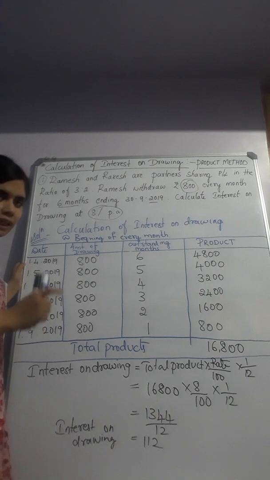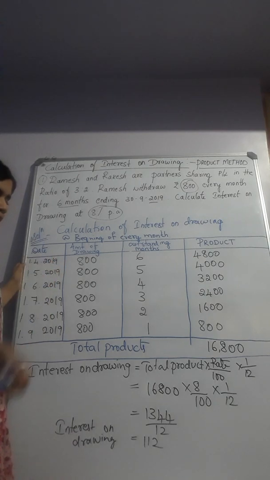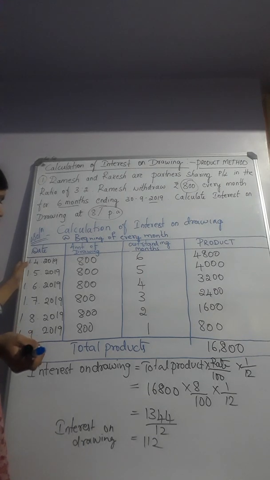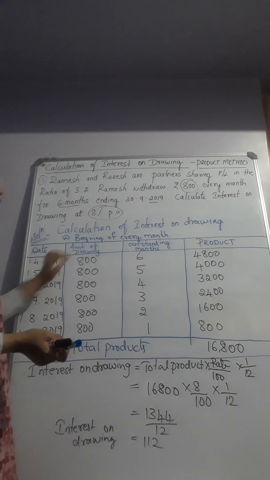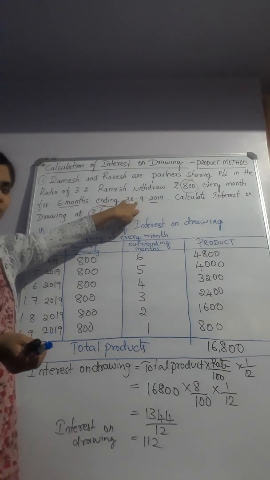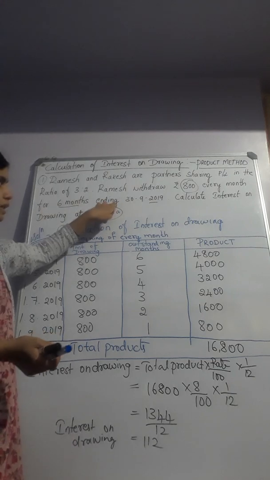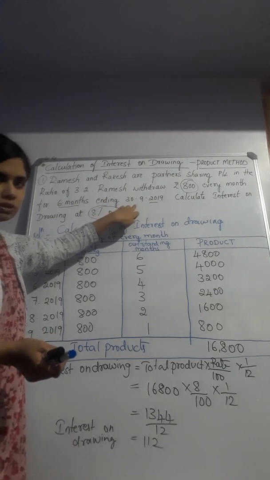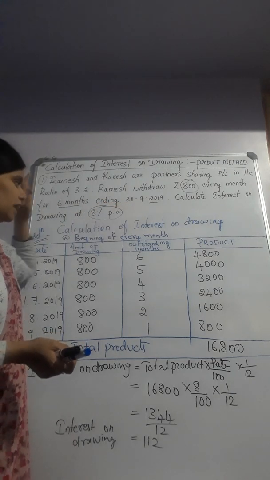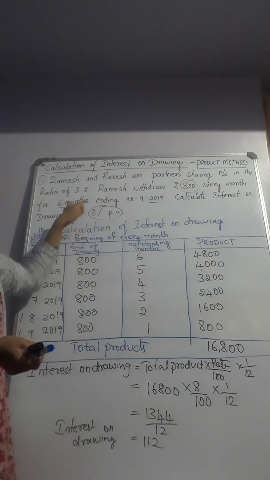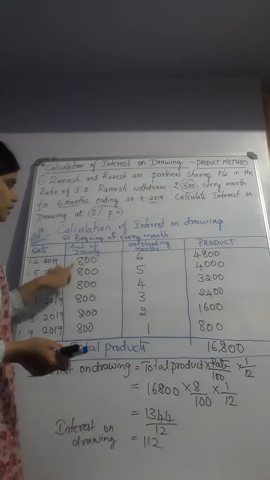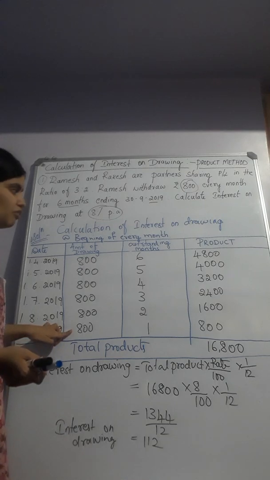Date: what is the financial year of the business? 1st April. Since we have 6 months ending 30th September 2019, up to there only we have to take. What is the amount of withdrawing? 800. Take 800 as the uniform amount.